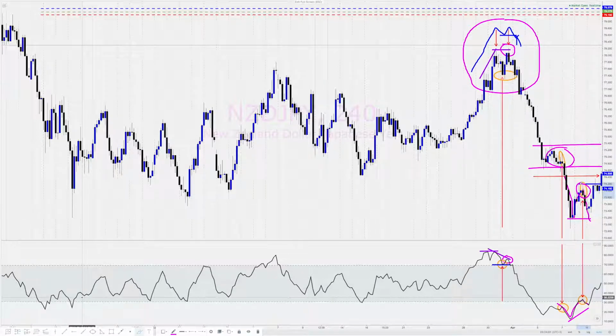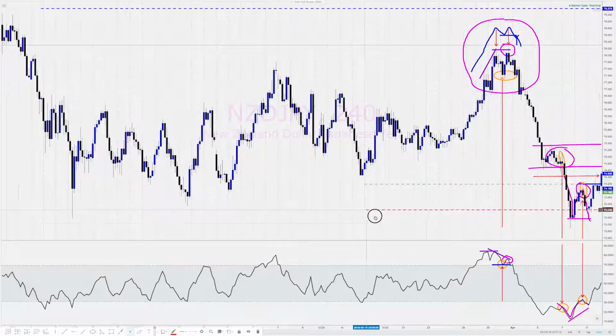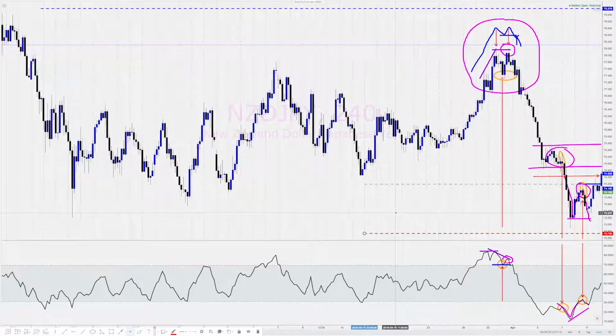Let's grab this. Let's see if price will retest that. And if it does, we'll enter, with the stop down here and take profit, but always watching the RSI.